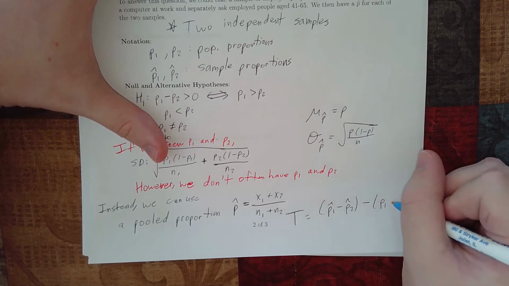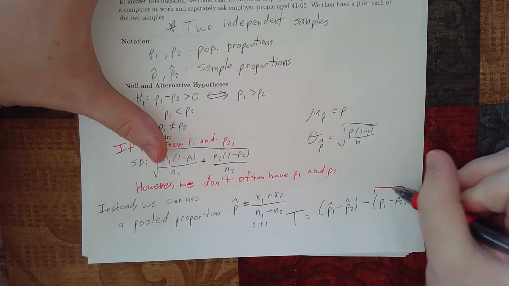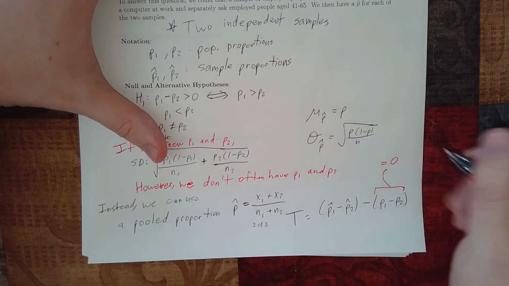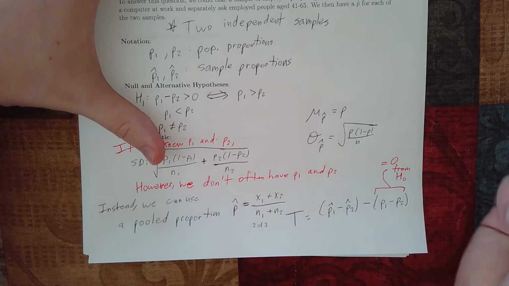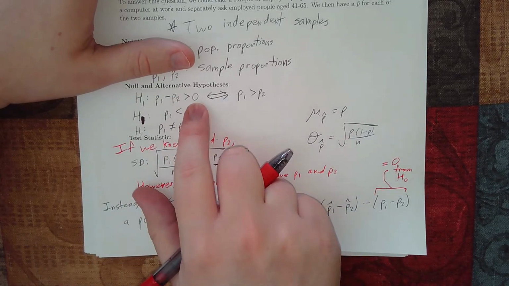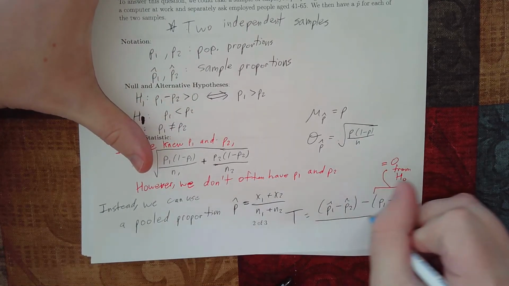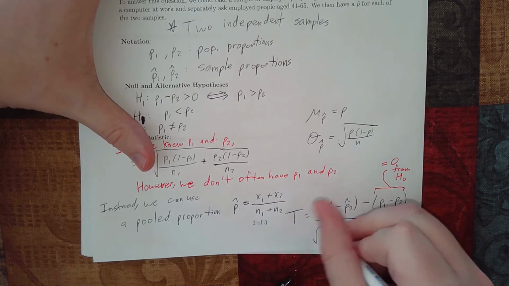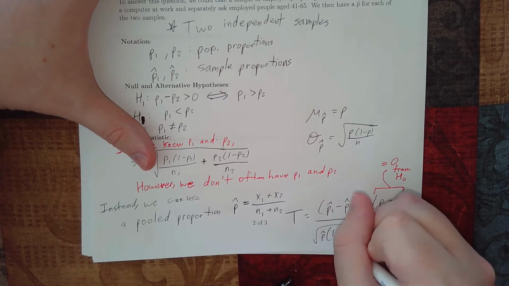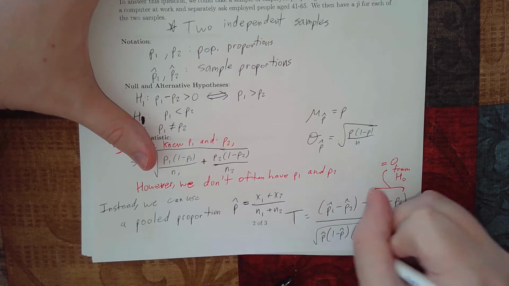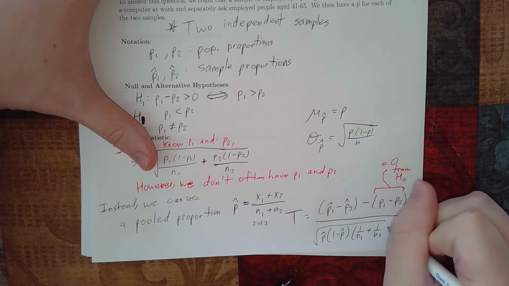We go to make this calculation, and our test statistic is going to be p1 hat minus p2 hat minus p1 minus p2, which will equal 0 from H naught. So here we talked about how this will be 0, so that'll be our assumption that we're using for our null, and this will be over the square root of p hat times 1 minus p hat times 1 over n1 plus 1 over n2.